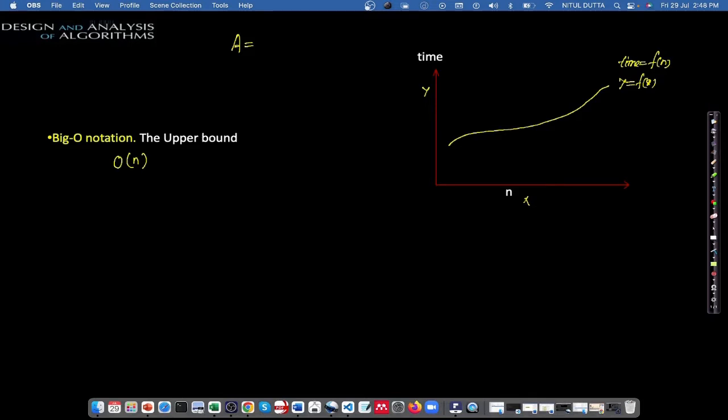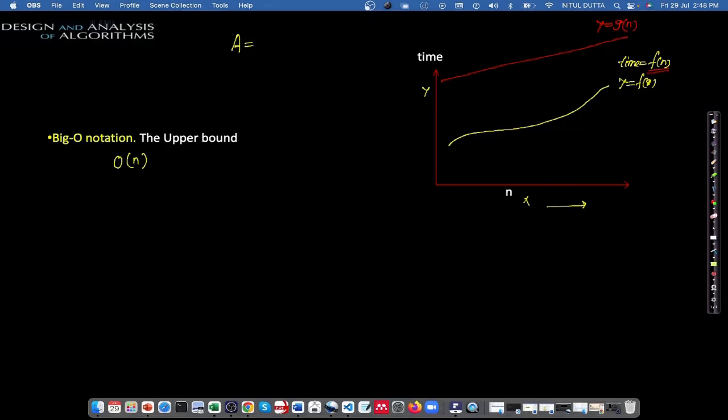Now we can see that this graph grows as and when n, the size of data, increases. But let us now consider another graph just above the given graph y. If I draw another graph just above this graph, which y equals f of x, or y equals f of n, will not cross, then we can write down any graph randomly somewhere here. Suppose that this is the graph which represents y equals g of n, or g of x.